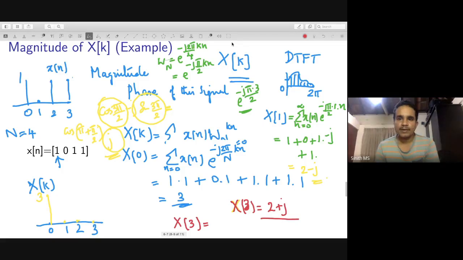What will be X of 2? In that case, W_N raised to k, so k is 2, will be e raised to minus j 2 pi by N, 2 pi by 4 into k.